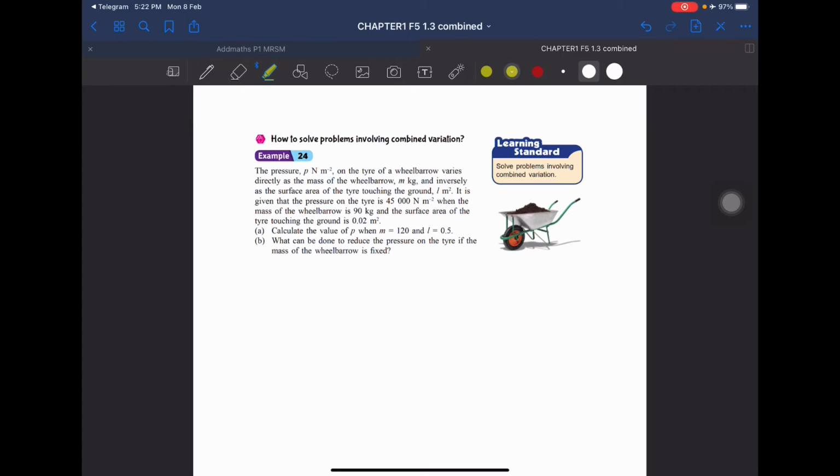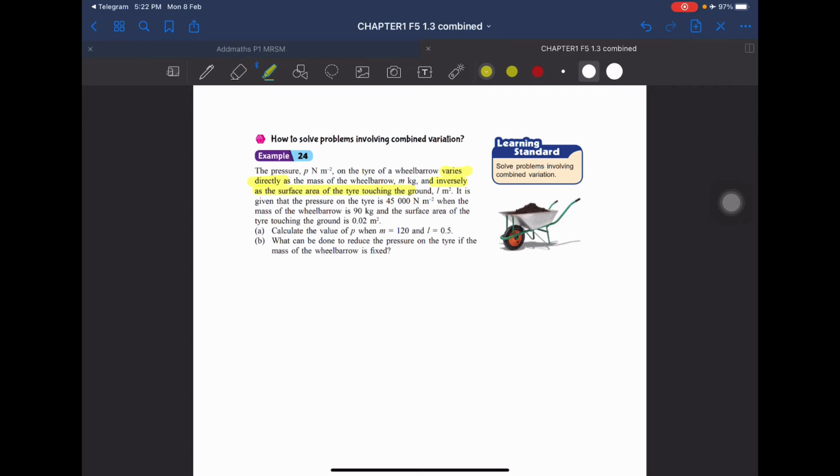When you receive this type of question, don't simply give up. Try to read and get the information and try to search the keyword. From this question, it mentions that the pressure P on the tire of the wheelbarrow varies directly as the mass and inversely as the surface area.